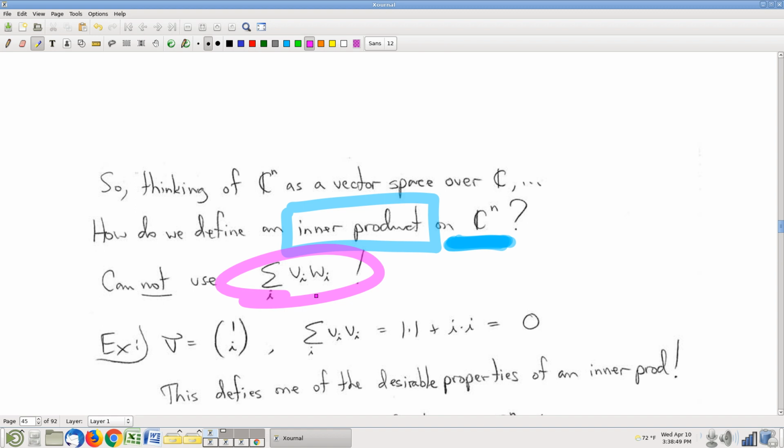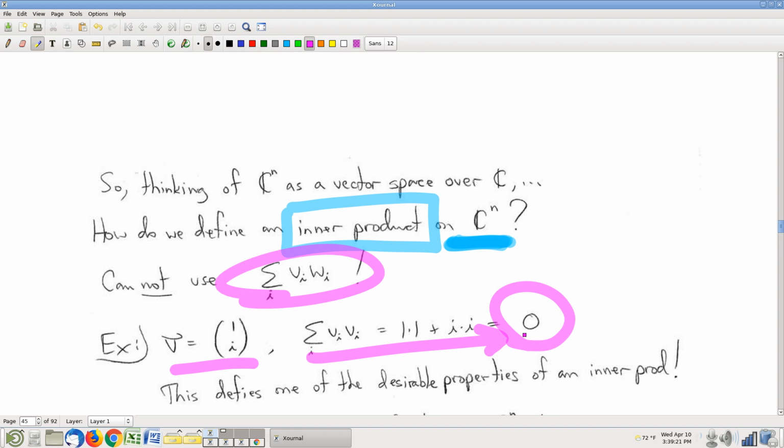Specifically, you may recall one of the properties we required. One of the identifying key properties of dot products was that the only vector whose self-dot product is 0 is the 0 vector. That was a big one. And look at this guy. That vector there is not the 0 vector, and yet its self-dot product is 0.